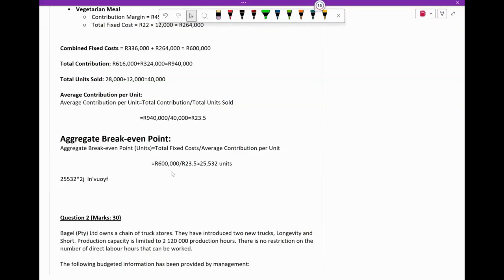So it's 25,532 times 23.5, okay, 600,002. Which you can see is covering the fixed cost. Can you see that? That would then be our sales. Okay.